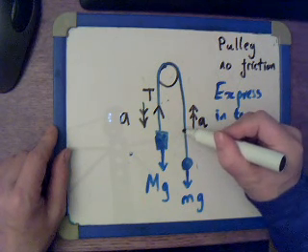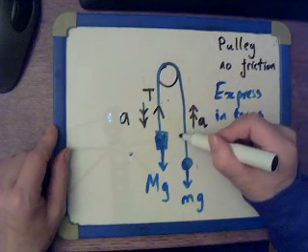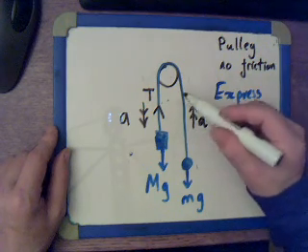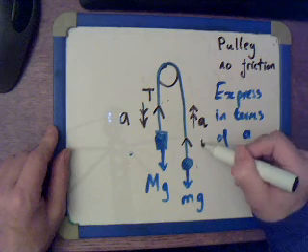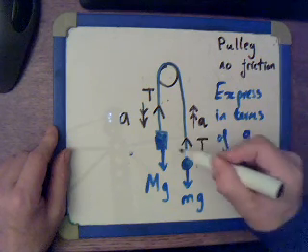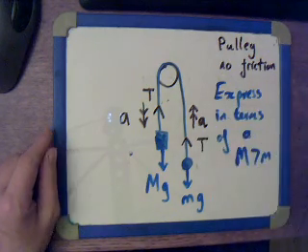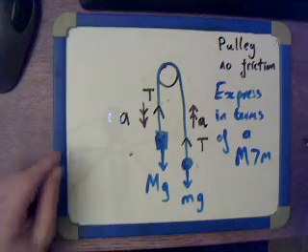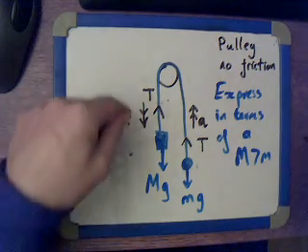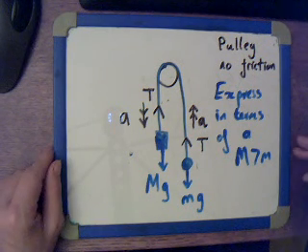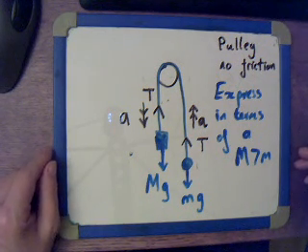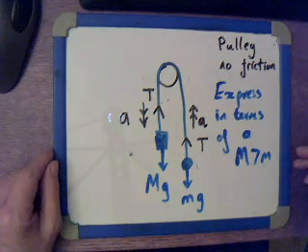Always the case when two objects are connected by a string, the tension will be acting up there in that direction, but also acting there. So that feels a tension in the string, and the whole motion is accelerating in that direction. Now in the next slide we'll look at the equations.